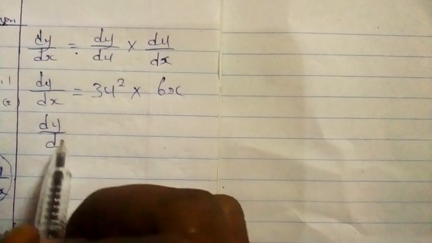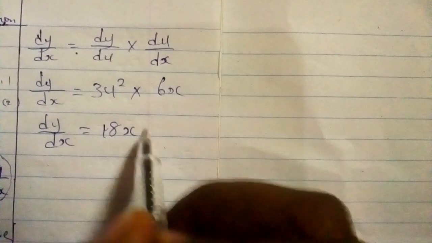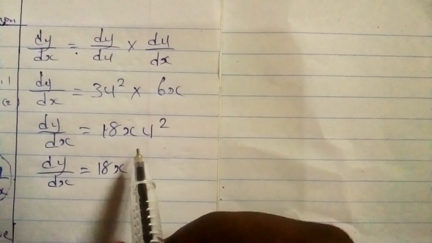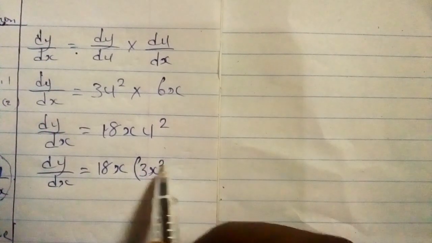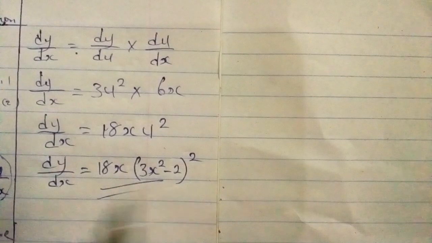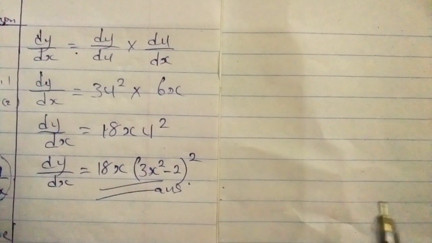So multiplying the two, we have dy over dx equals 18xu squared. U has a value. Remember that I called it 3x squared minus 2. So dy over dx is equal to 18x times (3x squared minus 2) all squared. So that is the value for the answer.